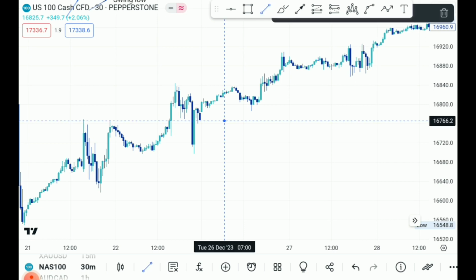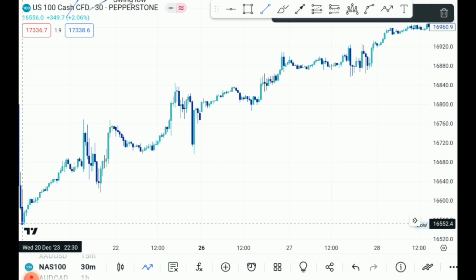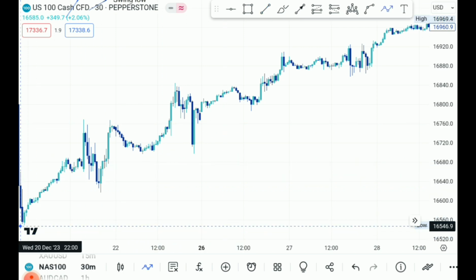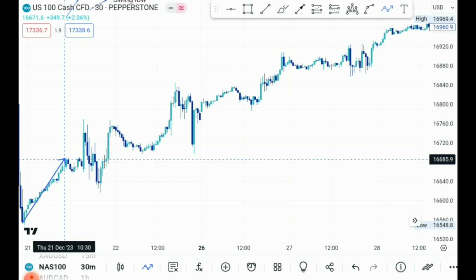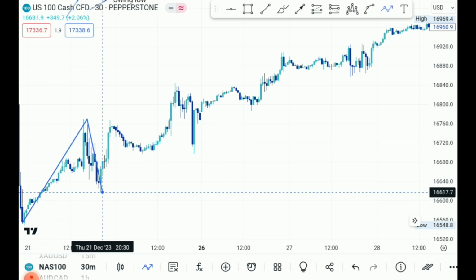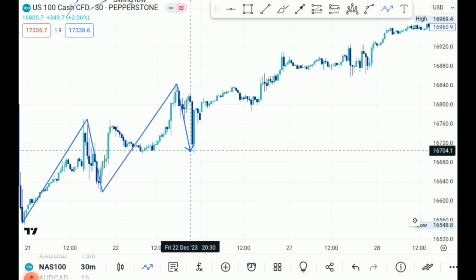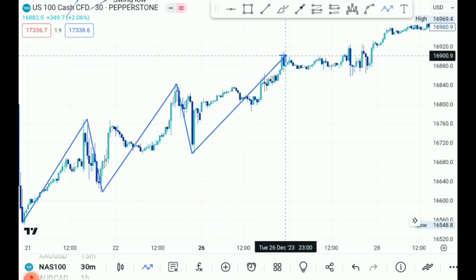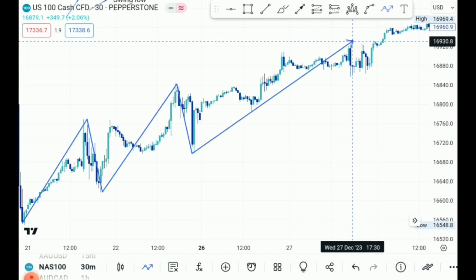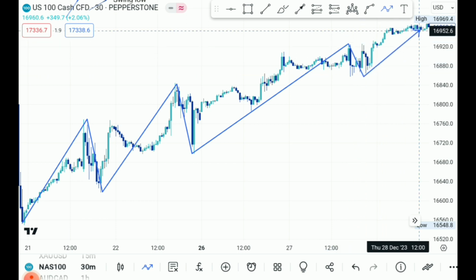So if you take a look here, the market is moving in this nature: a run, pull back, a run, pull back, a run. I don't know where this ends, but a run till here. Yeah, this is the high, and then a pull back and the run.